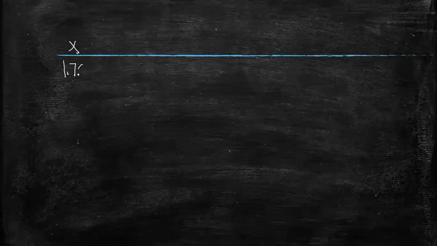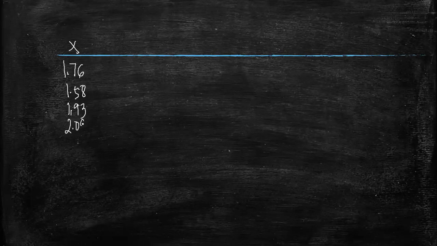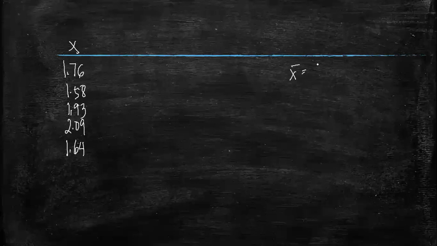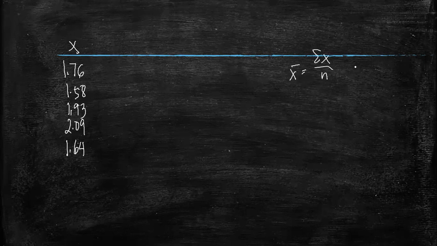Okay, so what is our x? So we have 1.76, 1.58, 1.93, 2.09, and 1.64. So, ang formula natin for x bar is equal to what? Summation of x over small letter n. Ang n natin, of course, is 5.